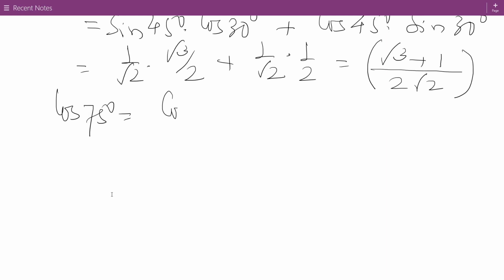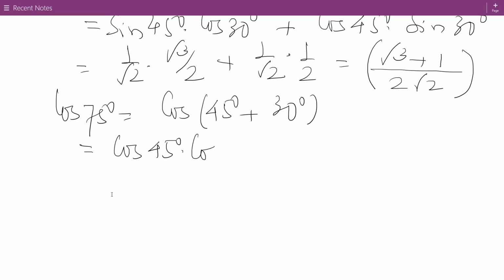Then you write cos, simply 45 plus 30, that is cos A plus B. Cos A cos B. Cos A means cos 45, cos B means cos 30, minus sin A sin B, sin 45 sin 30.